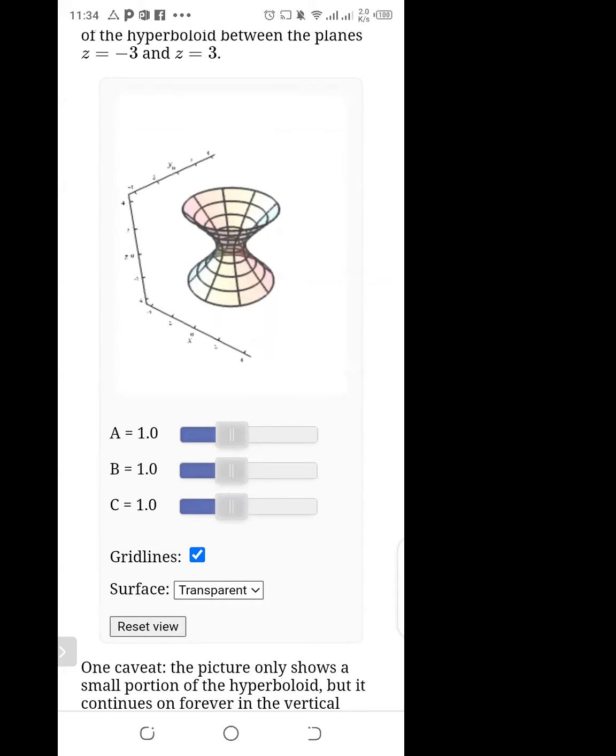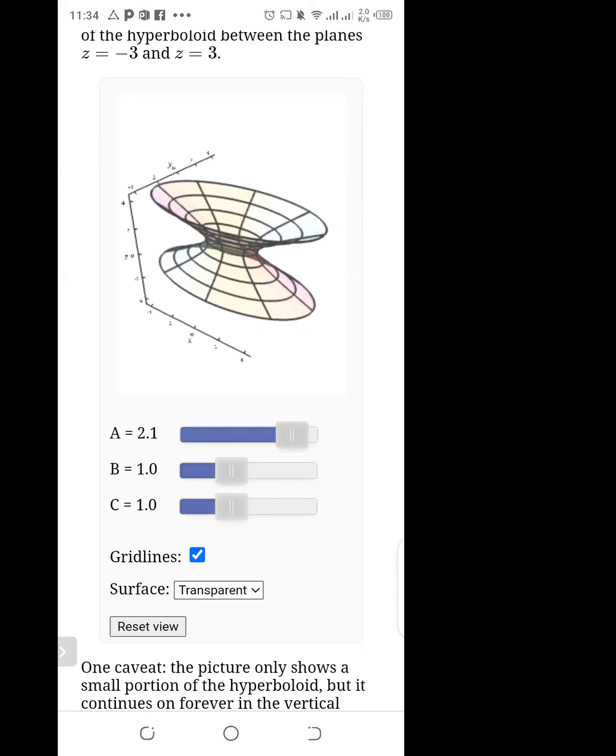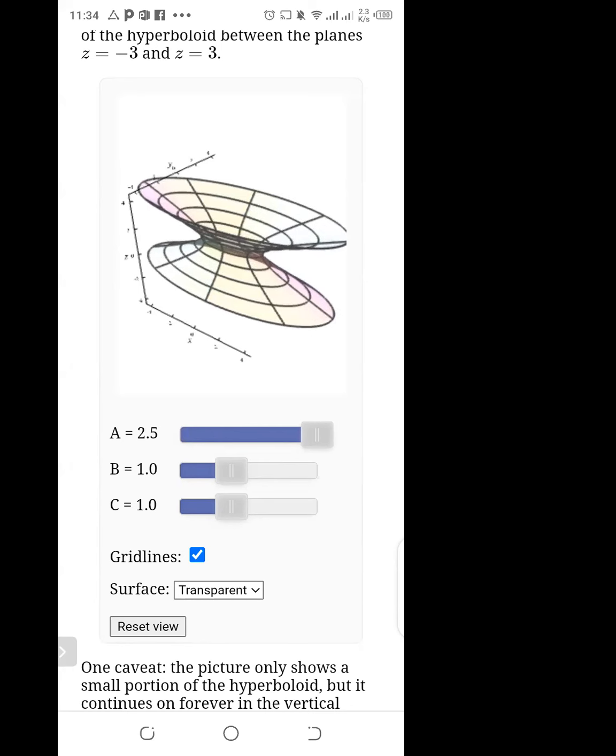Let's see when we change our A. Becomes that, keeps getting smaller toward 0. Well, it doesn't go all the way to 0. Then as we increase it, this is the effect of changing A.